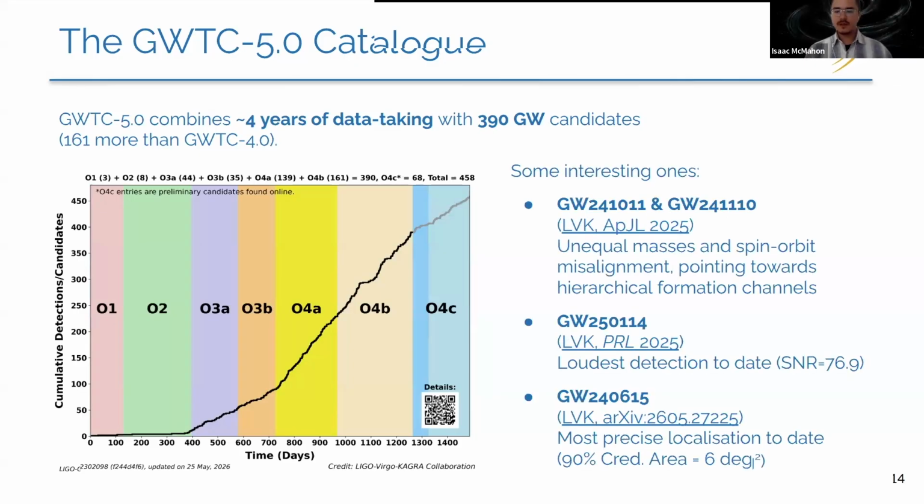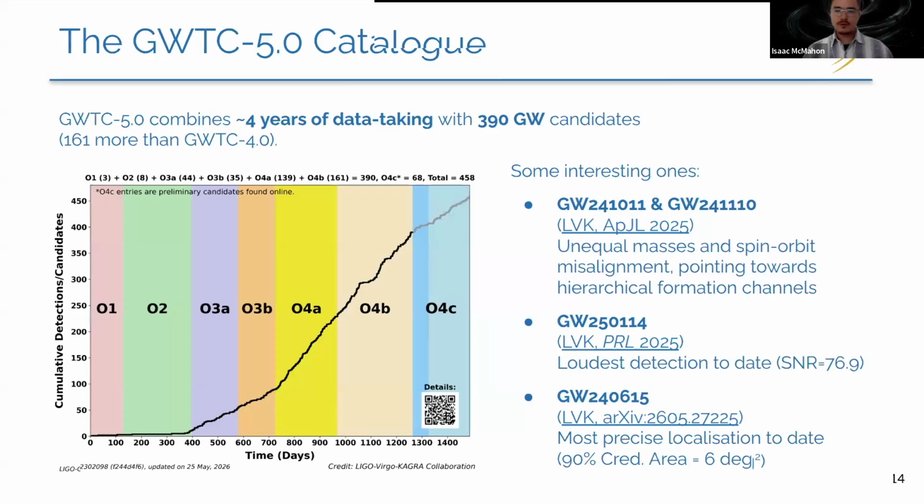There are a couple of interesting candidates in this data set in GWTC-5, and I've included some of the links to the papers for these special events here. Some highlights include this pair of events, which have unequal masses and spin-orbit misalignment.